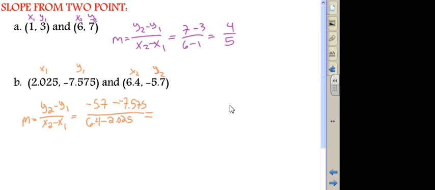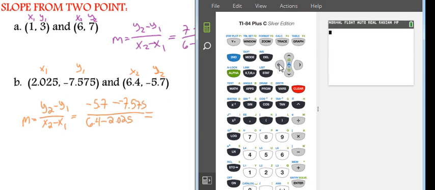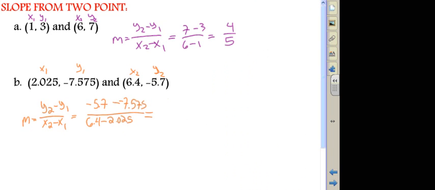Okay, so now that you have your calculator, we're going to go ahead and type this in, just the way it looks. I'm going to do negative 5.7 minus a negative, or you can do plus, 7.575. That's what's going to go on top. So make sure you write that down on top.